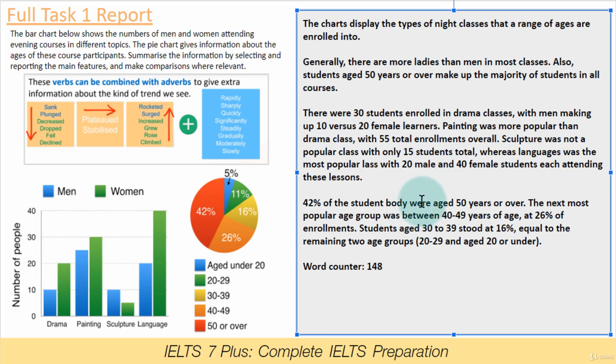So my task achievement score is, of course, very high. So, an interesting example of this mixed chart, multiple chart lessons. I really do like these kind of reports because they're quite easy to group, and there's obviously a lot of things to describe as well. Okay, so let's jump into your next lesson.